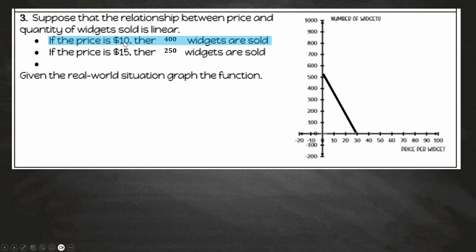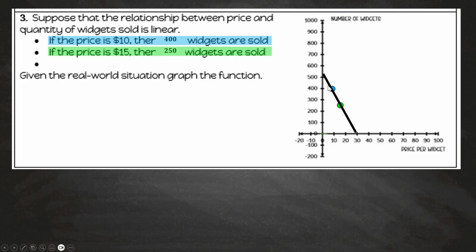If the price is $10 for 400 widgets, then we would go to 10 and we would go to 400. If the price is $15, so 15 would be between 10 and 20, we sell 250 widgets, so that's about right here. Yes, I know the line's already there. Pretend that we're just drawing that line now.